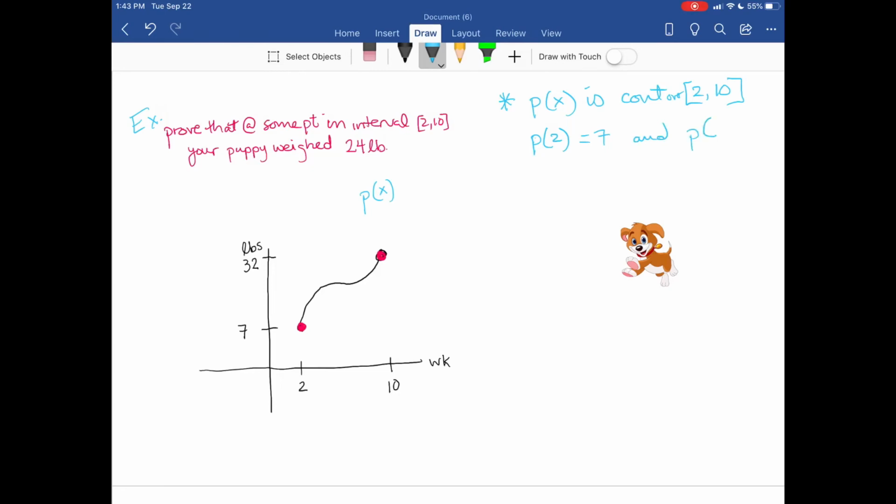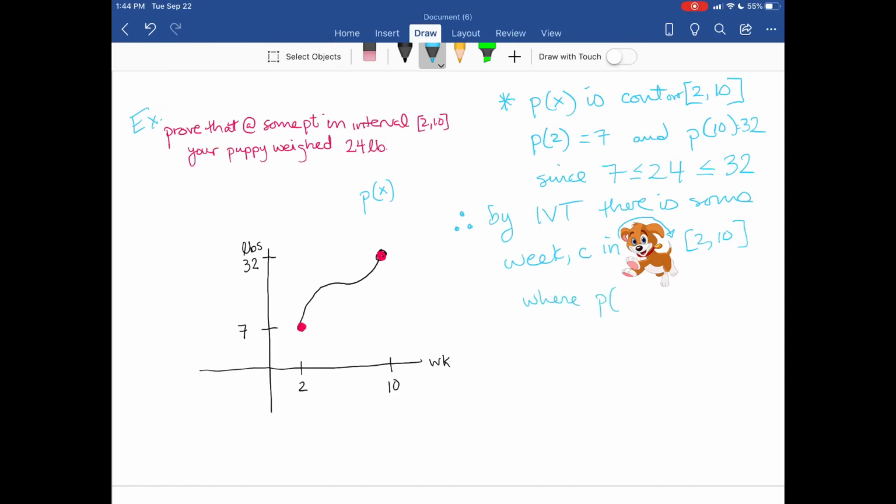And 10th week, he weighed 32 pounds. And since 24 falls in between 7 and 32, we can then conclude by the IVT there is some week c in the interval 2 to 10 where the puppy weighed 24 pounds.